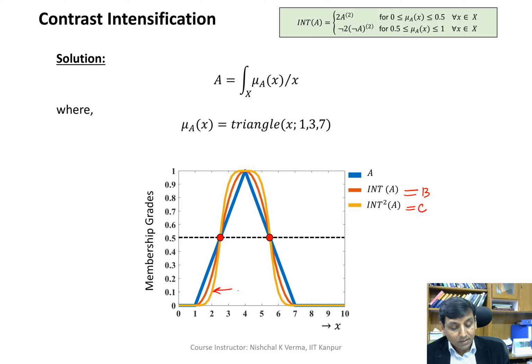This new fuzzy set C is compared to the fuzzy set B, the red color fuzzy set, as I have already mentioned.